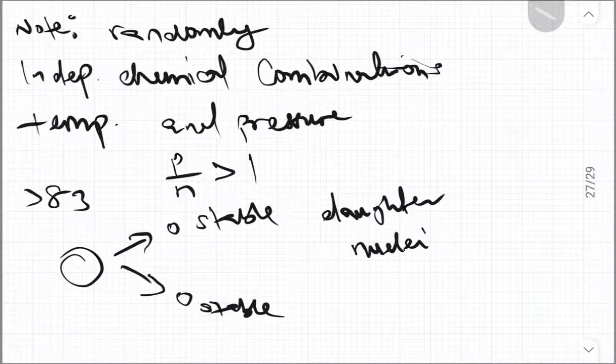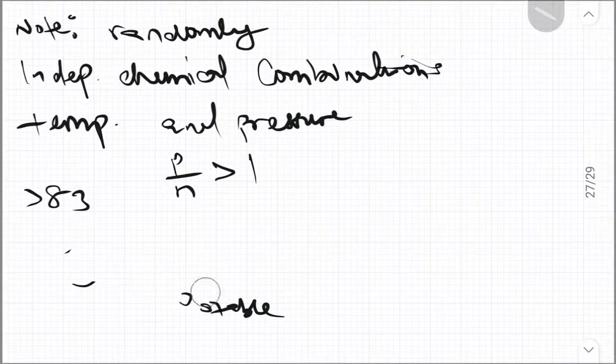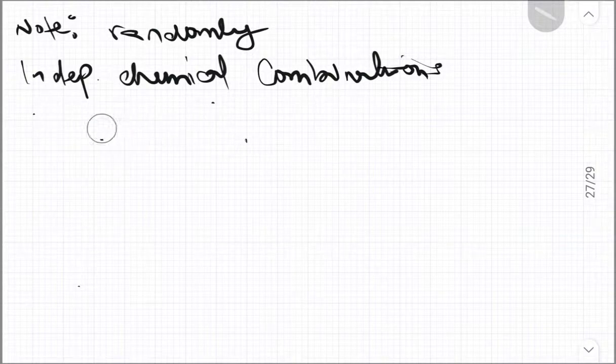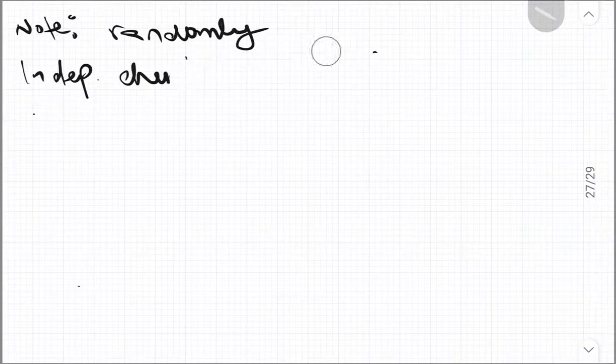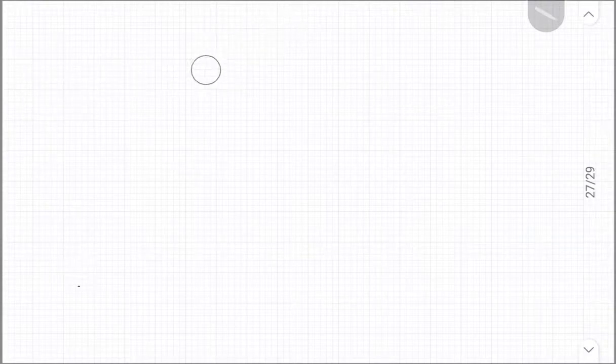So let's look at the graph. Let me clean this up. Okay, so let's say we have a graph.